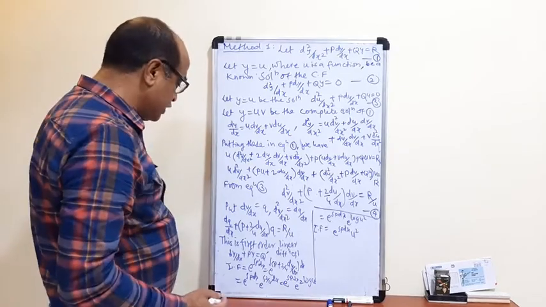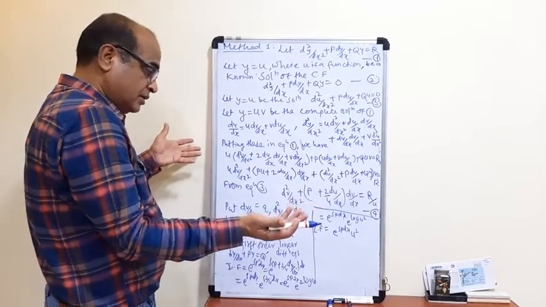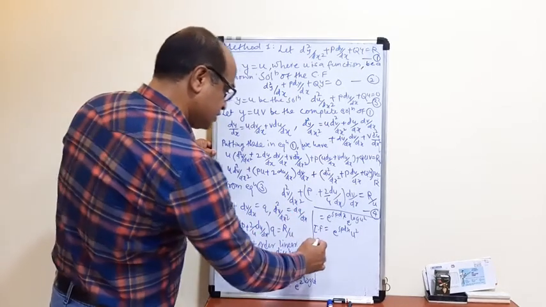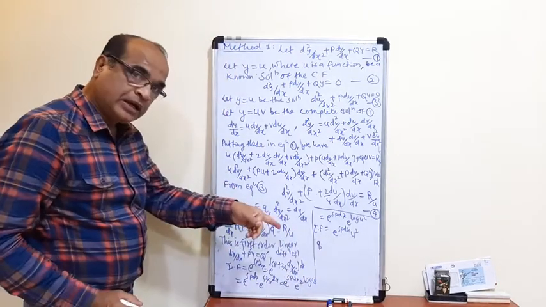So what is the solution of this differential equation? You know the standard solution of the first order linear differential equation. That is q, the dependent variable, into the integrating factor.